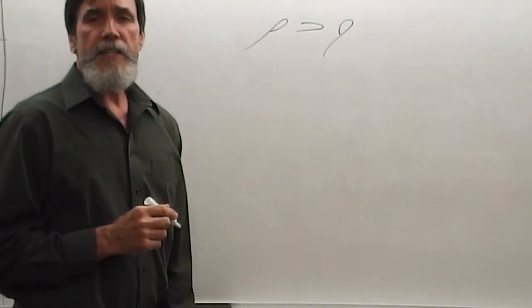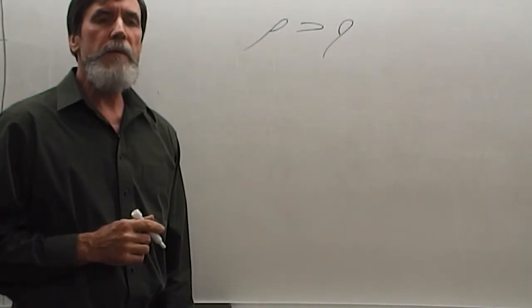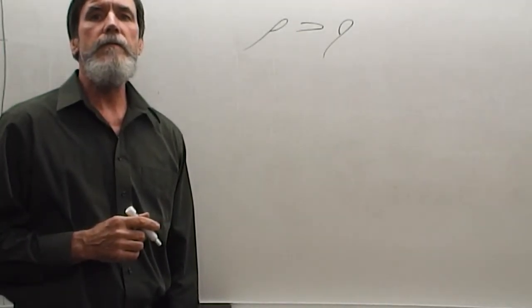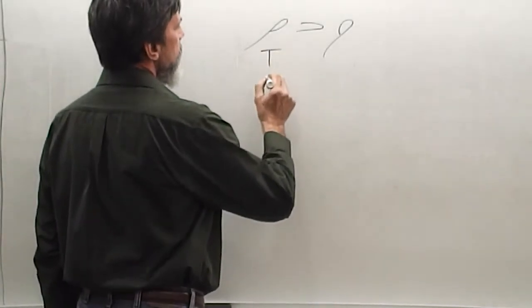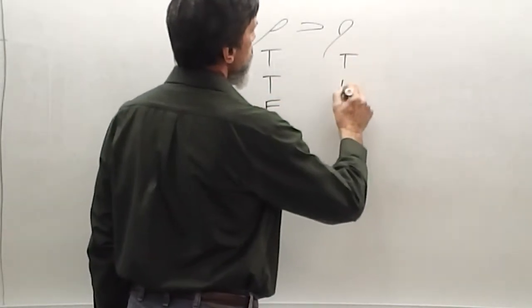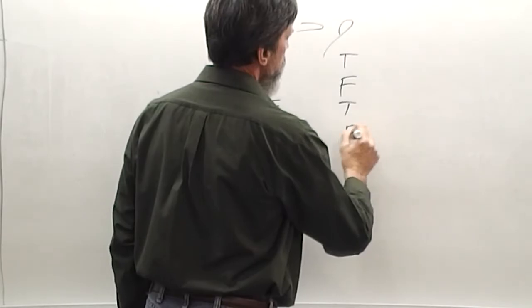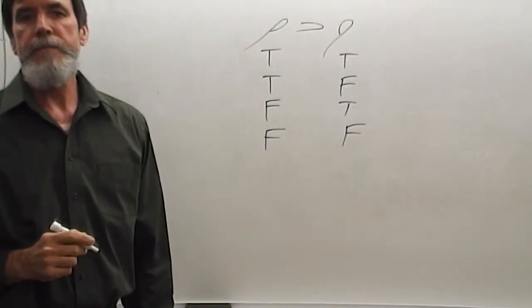In the case of the conditional statement, the relationship also has a separate name. It's called material implication. Now, P and Q, each one is either true or false. So again, I'm showing all possible truth-value combinations for those two components.